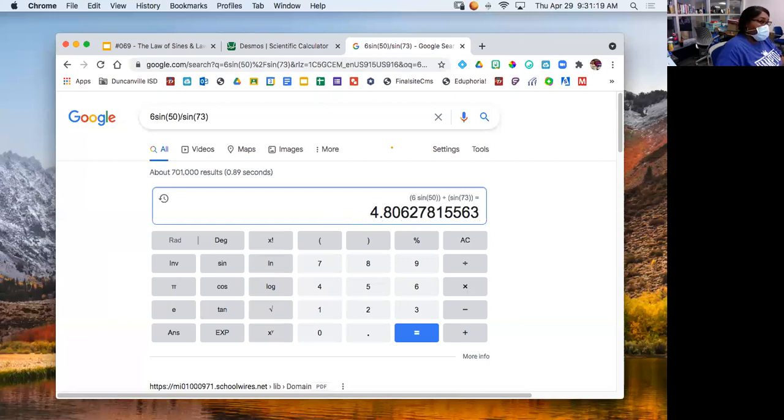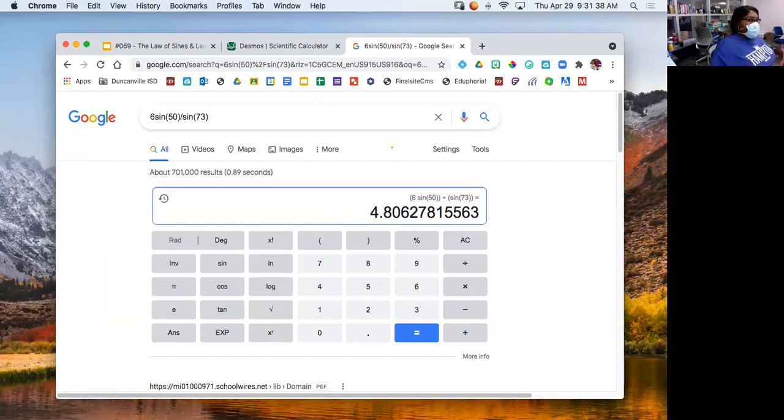That's right. So you got to make sure that you put in all the, am I still sharing my screen? Okay, you got to make sure that you put in all, can you see the calculator? Okay, you got to make sure that you put in all the parentheses to get the right answer.